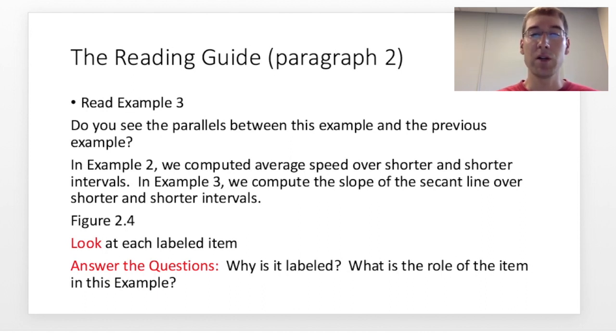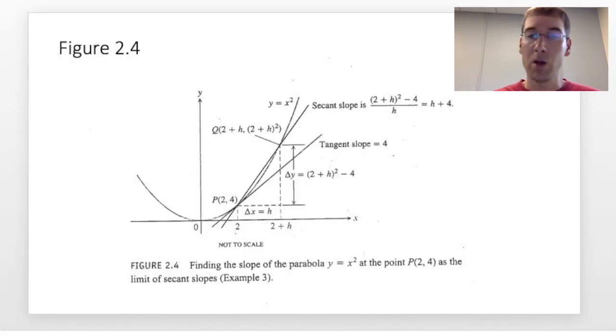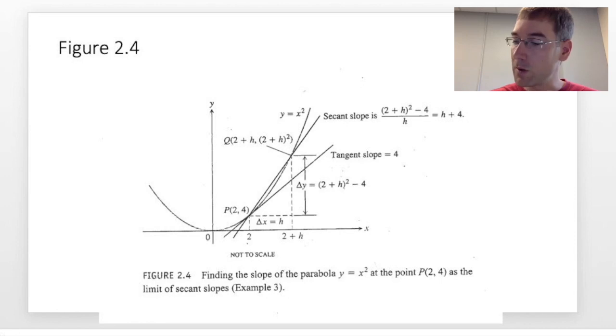So let me try to illustrate that. I have copied here the figure. We're interested in determining the tangent line to this curve at the point P. The first labeled item that I would point out is this delta x, our small change in x, we'll call it h.